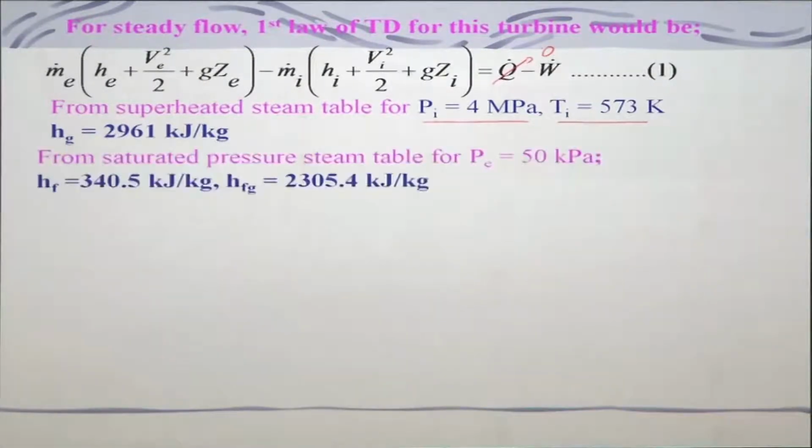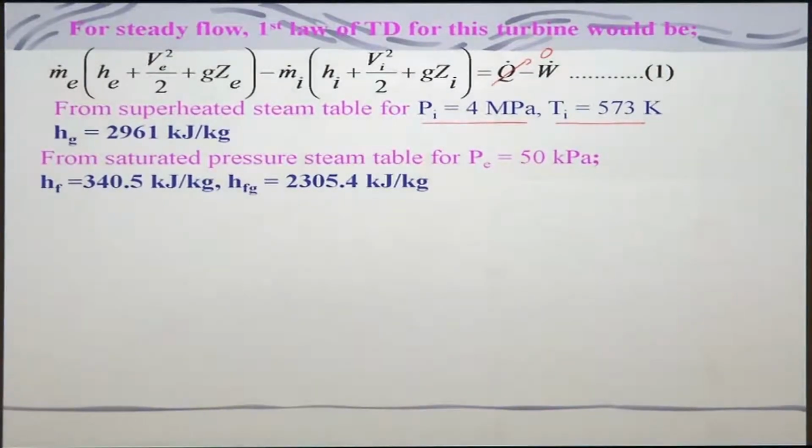Then we get the data from the saturated steam table at the exit pressure of 50 kPa: hf is 340.5 kilojoule per kg and hfg is 2305.4 kilojoule per kg. We know the quality of the steam at the exit of the turbine, which is 0.85.